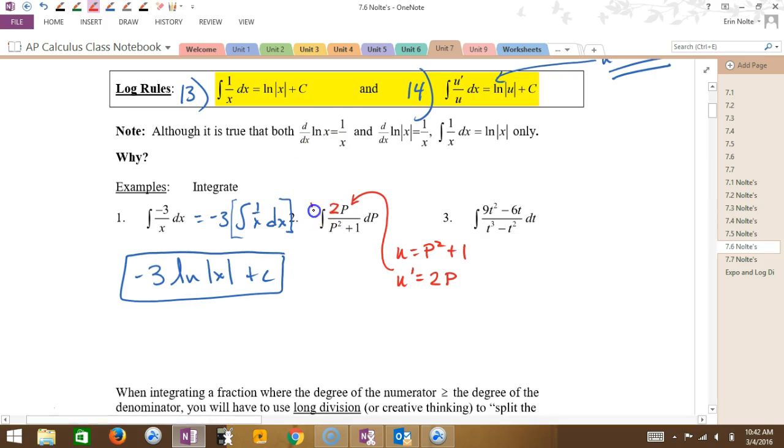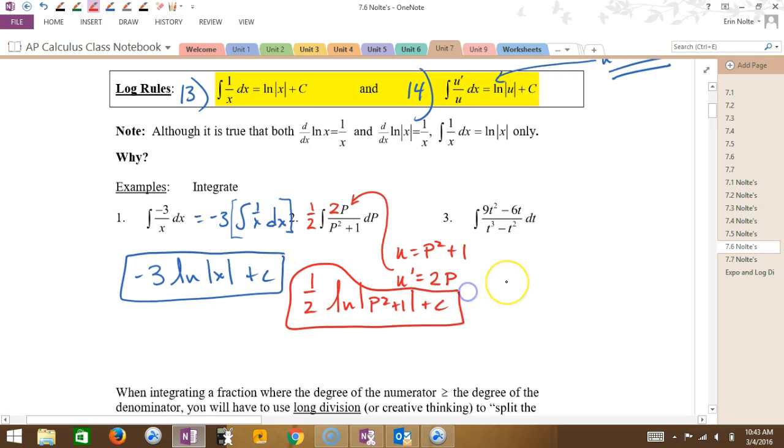So I'm going to do the dividing by 2 out in the front. Now my integral is set up perfectly for rule number 14. I have literally a du over a u. So what is my integral? The natural log of the absolute value of p squared plus 1, perfect. You just plug it right in and you're all done.